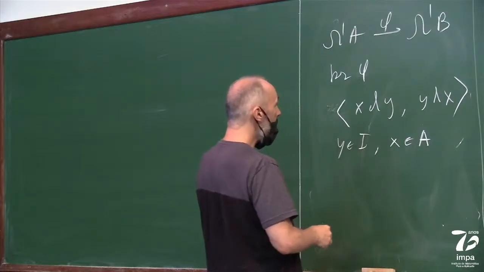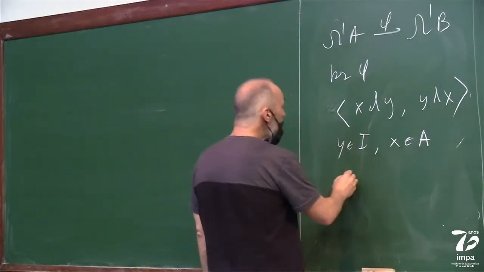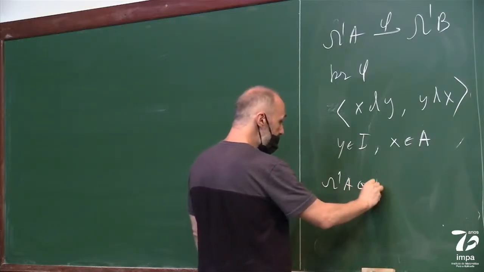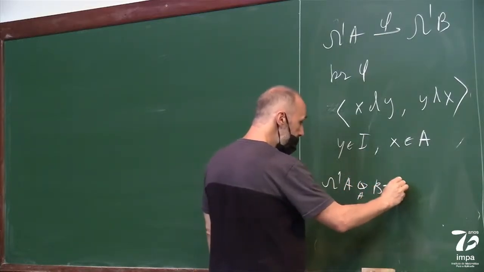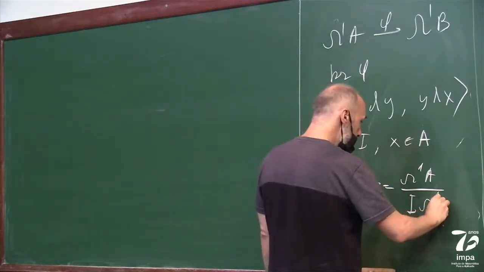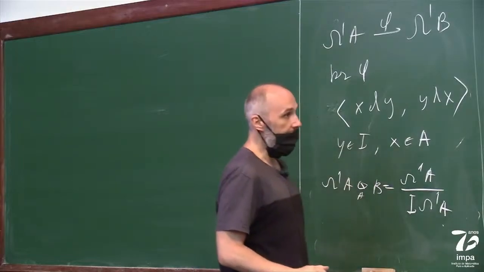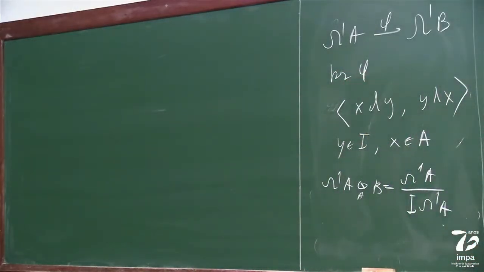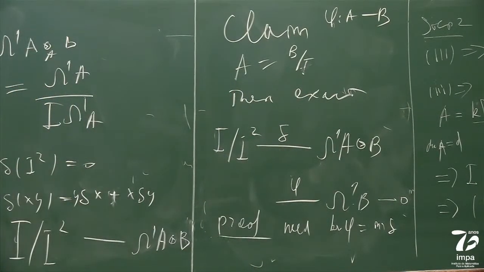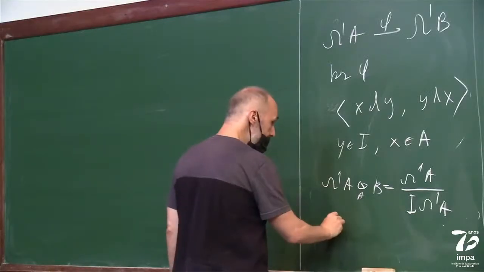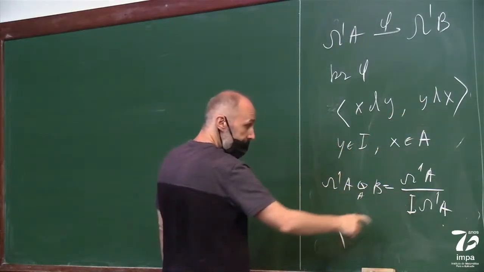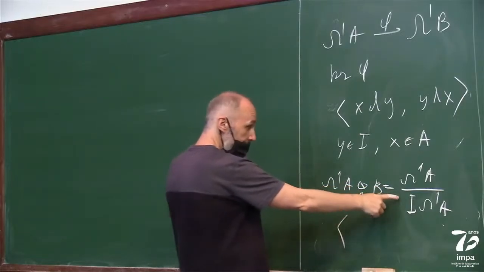But we already have Ω¹_A ⊗ B, which is equal to Ω¹_A quotient by IΩ¹_A. This means that the kernel of this map φ here is generated by elements... so this is already dead because we already took a quotient.